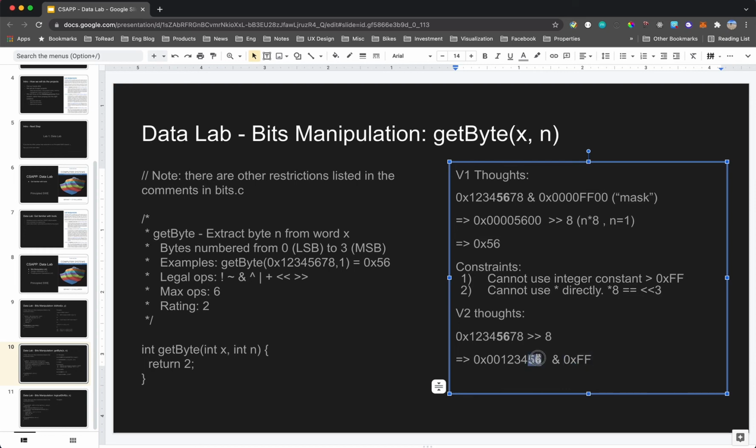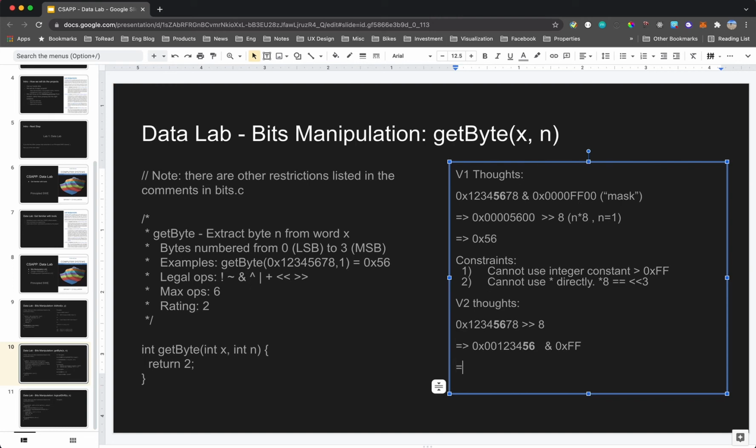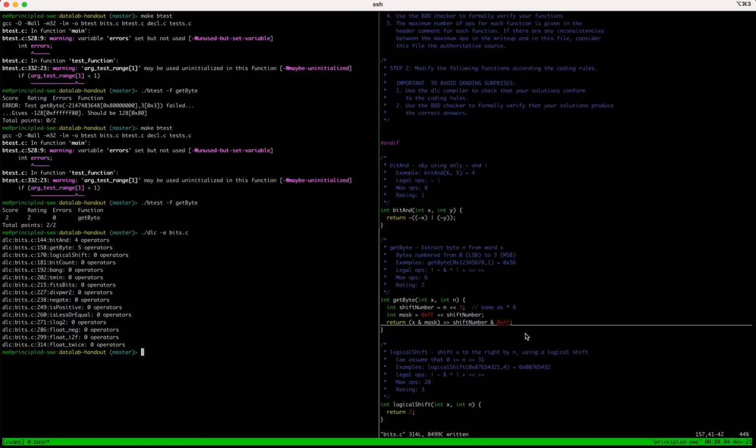We always want the right 8 bits here. And then this just gives us whatever we want here, right? The beautiful thing here is it always applies 0 on the left side. So no matter the input number, whether it's a positive or negative number, we always get the left side all as 0. So let's give this a try.